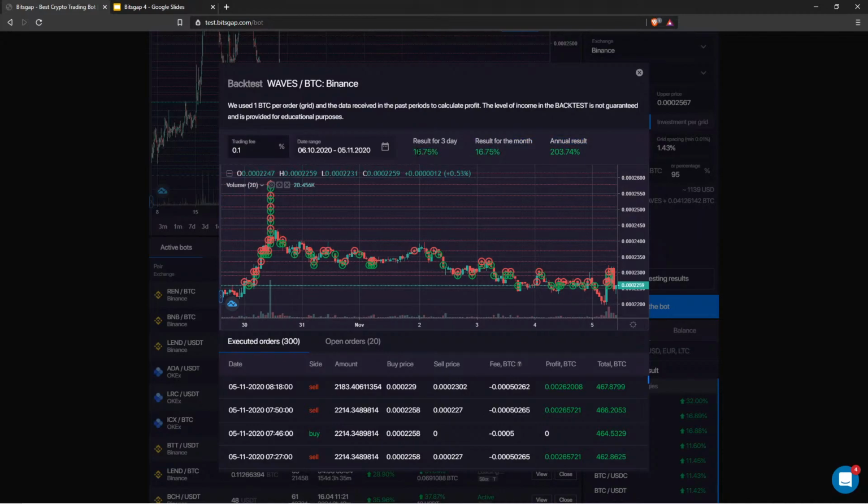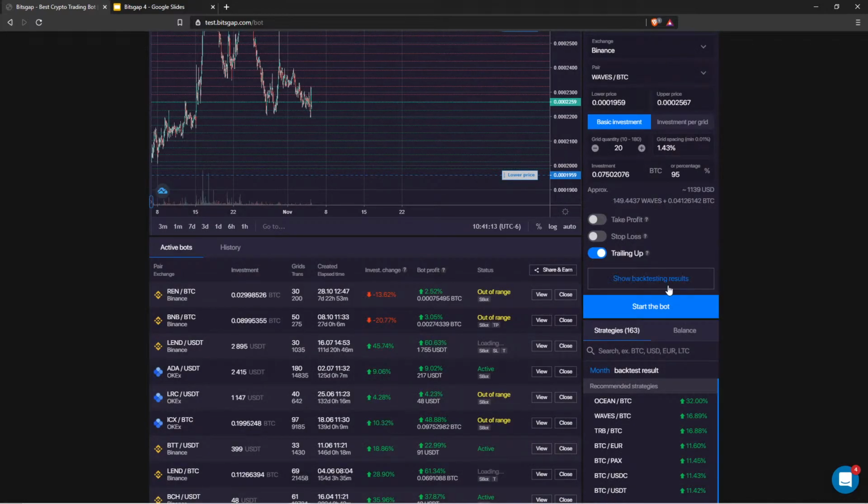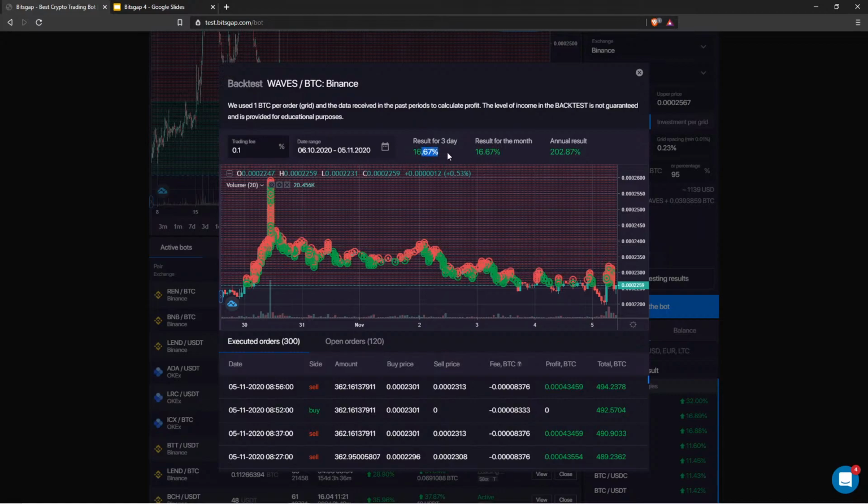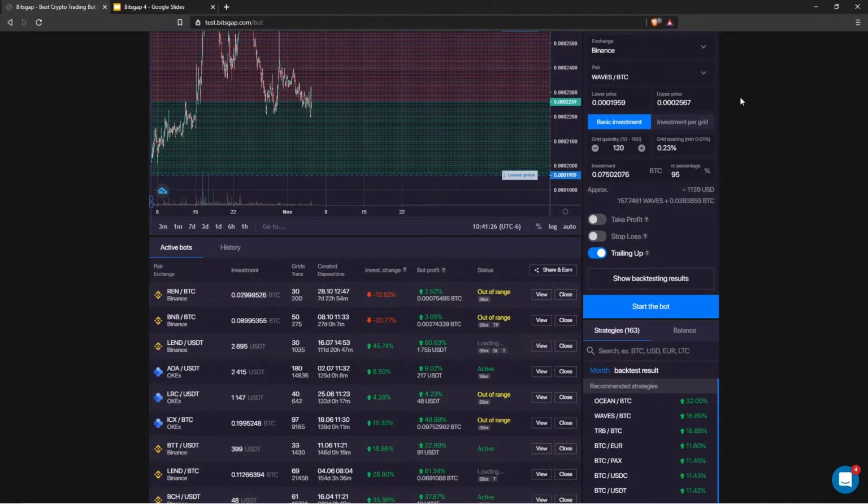So that now has become 16.75%. So 16.75 for 20 grid levels. And what if we have 120 once again? So that's going to be 16.67%. All right. So it's really case by case.